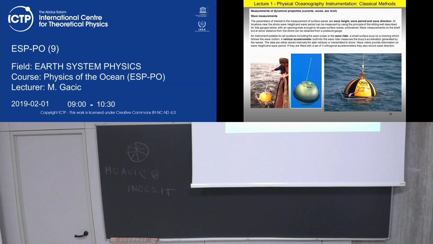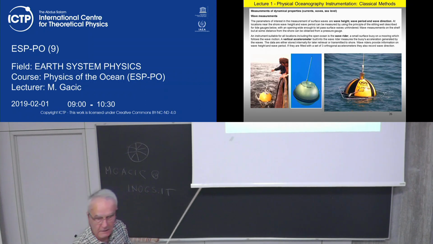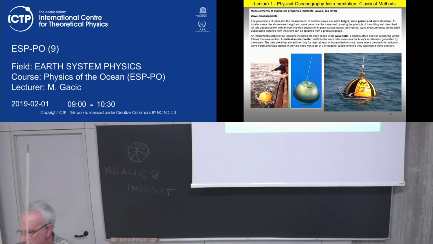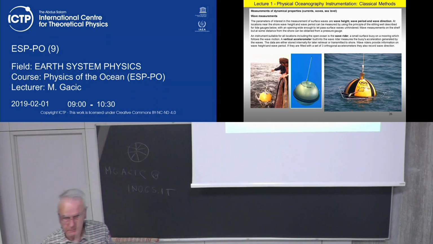These waves, as I told you before, depend on the wind, and there are rather good numerical models for reconstructing the wind wave fields. The instruments essentially consist of a buoy which stays at the surface, follows the movement of the free surface and records these movements. And so from these instruments you obtain wave recordings.